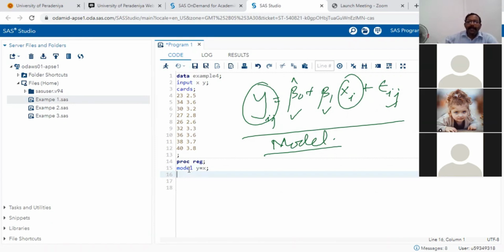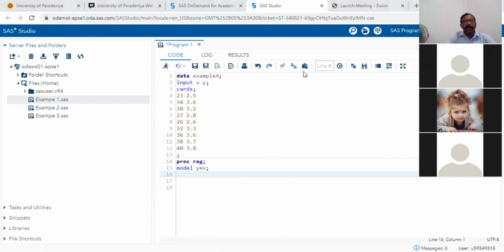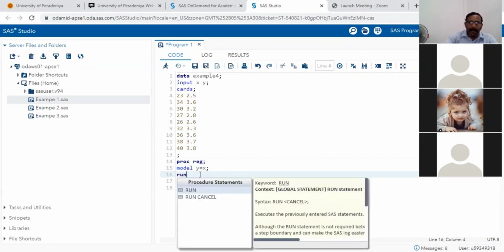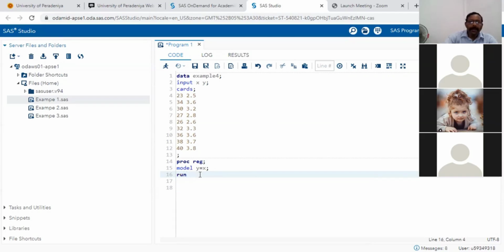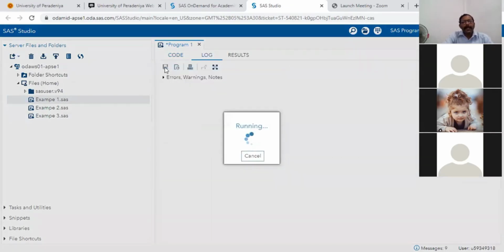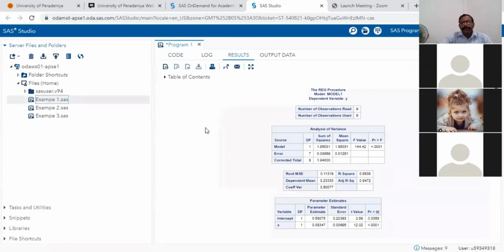The rest is beta naught, beta 1, and the error term, which will be calculated automatically by the computer. So model Y is equal X. Then run. Submit the program and see.